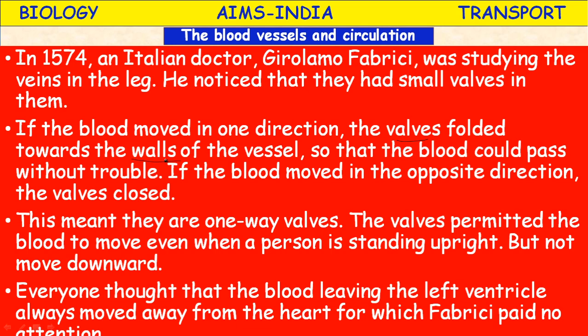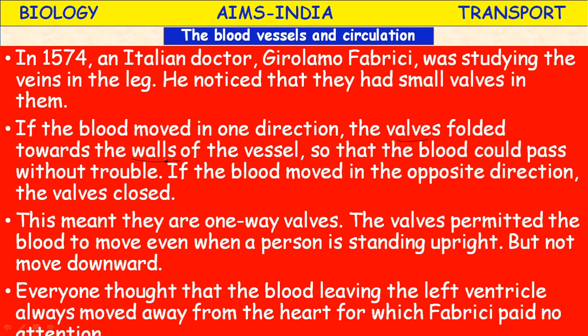So if the blood moved in one direction, the valves folded towards the walls of the vessel, so that the blood could pass without trouble. If the blood moved in the opposite direction, the valves closed, so that valves are regulating the flow of blood.